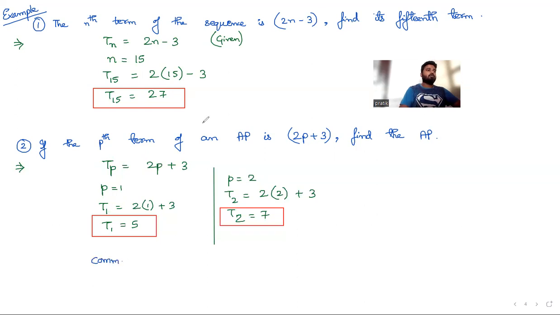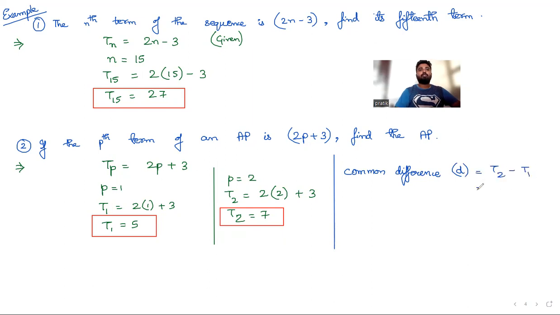When I have to find out the common difference, I always told you that you have to find the difference between two consecutive terms. So common difference, denoted by the letter D, is nothing but T2 minus T1. T2 is 7, T1 is 5. So D is nothing but 2.